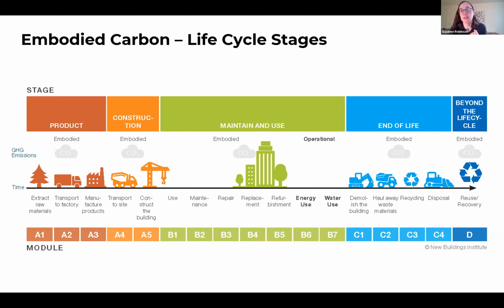So what's happening to these materials: the carbon footprint of demolition, hauling that material away, potentially recycling or dealing with disposal. And then there's this other catch-all category, D, which is beyond the life cycle. This has to do with potential reuse and recovery.